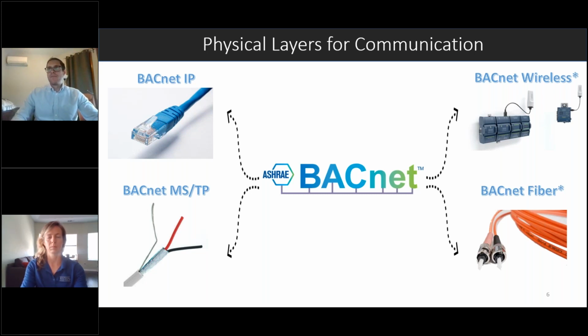So I want to just point out these other ones that are available, such as BACnet over IP, which is a Cat6, Cat5 cable, Ethernet cable, the same style wiring that you would be using to plug your computer into your wireless router for your hardwired Ethernet connection to get your internet.